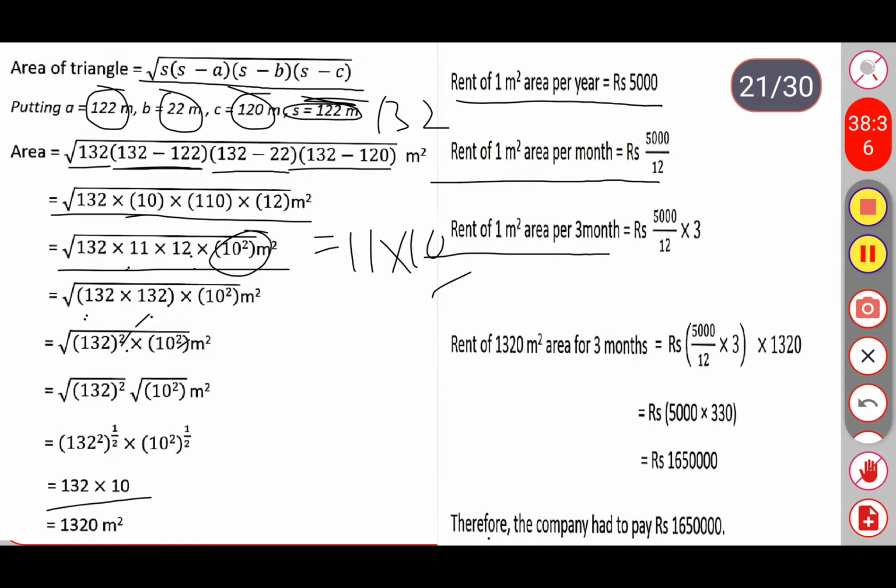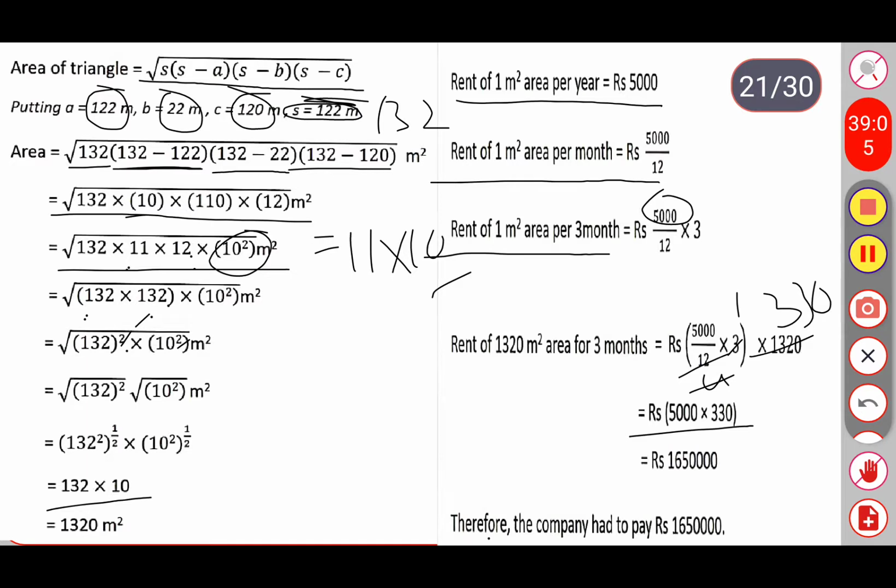Rent of 1 meter square area for 3 months is 5,000 into 3 divided by 12. So divide this one. 3 ones are 3, 3 fours are 12, so 4 ones are 4, 4 threes are 12, remaining 0.